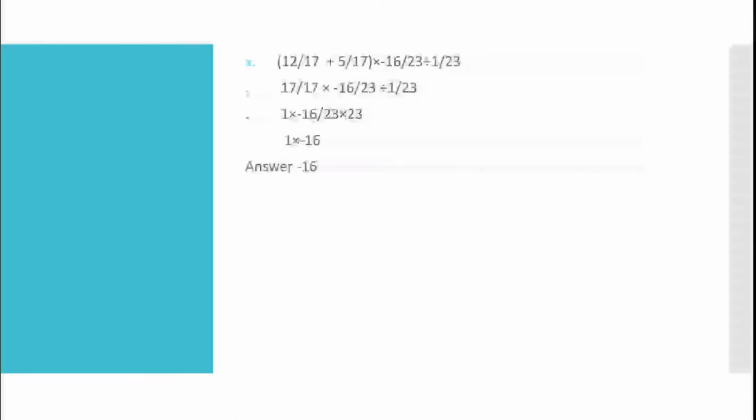Now 17 by 17 is equal to 1. 1 multiplied by minus 16 by 23, and here we can write 1 by 23 as 23 by 1 if we use multiplication. So you will get the answer minus 16.